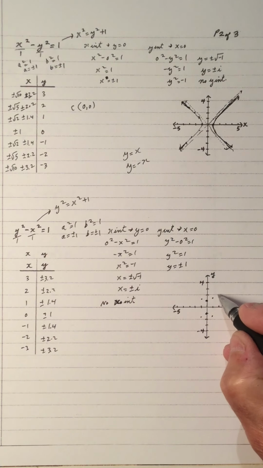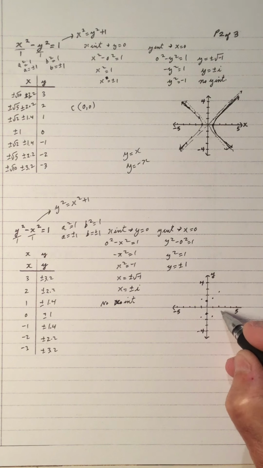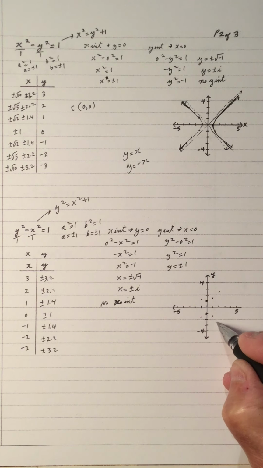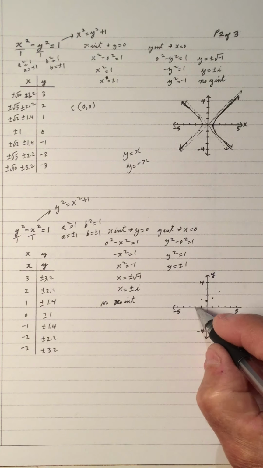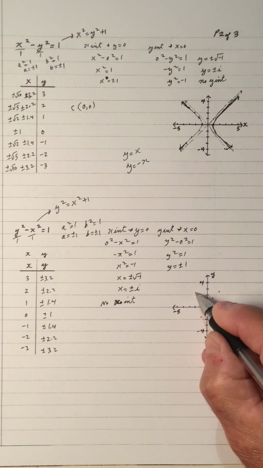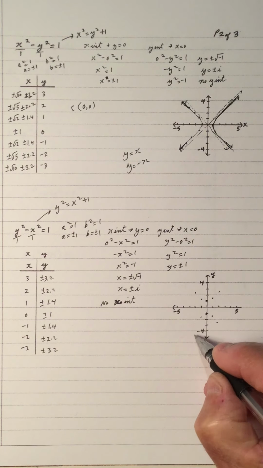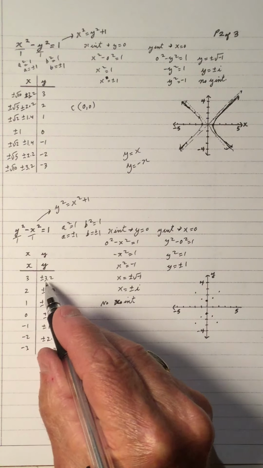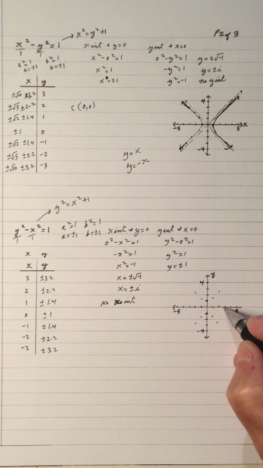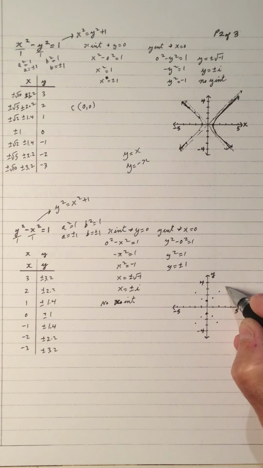When x is 2, we get plus or minus 2.2, which is here. When x is negative 2, we get plus or minus 2.2, here and here. And when x is 3, we get 3.2.